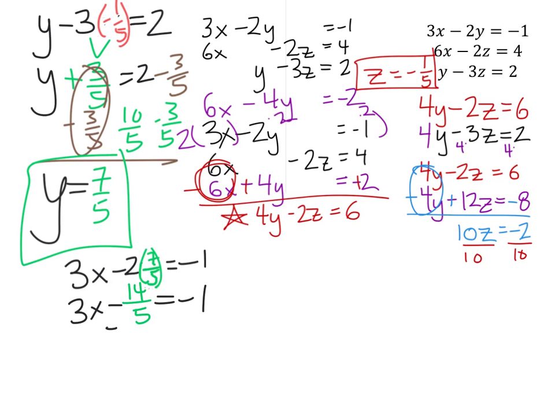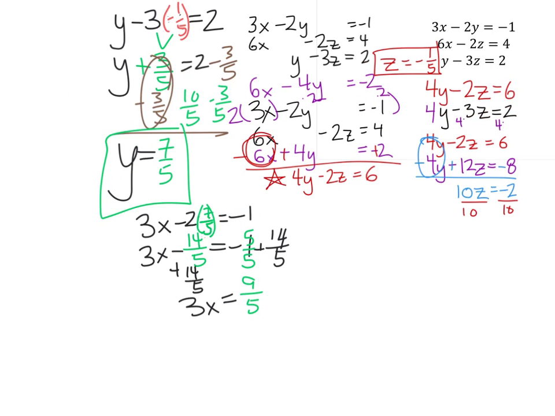In order to isolate the x, we'll add 14/5 to both sides. And that would give us 3x equals, the -1 would be 5/5 there, so that would give us now a 9/5. Then in order to solve for x, we just need to divide both sides by 3.